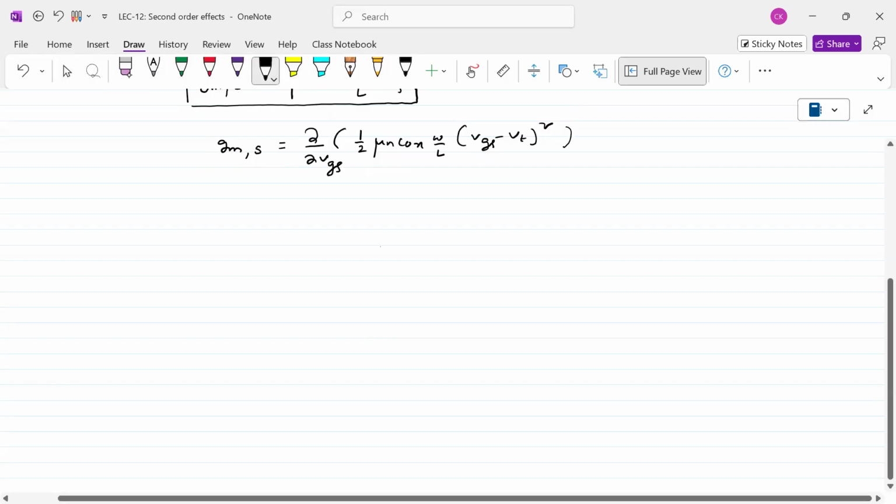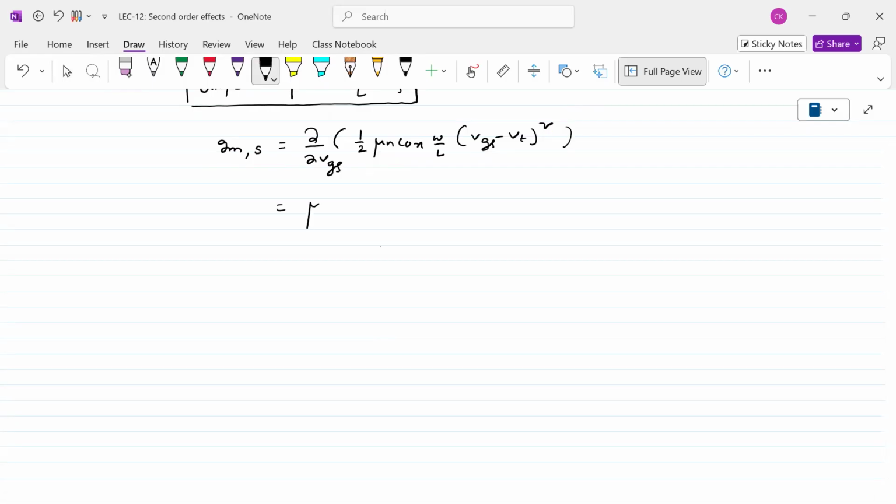It is mu n Cox W by L times VGS minus VT. The derivative of x squared is 2x, therefore the half and the 2 get cancelled, and you get this one. What did we conclude about this now?